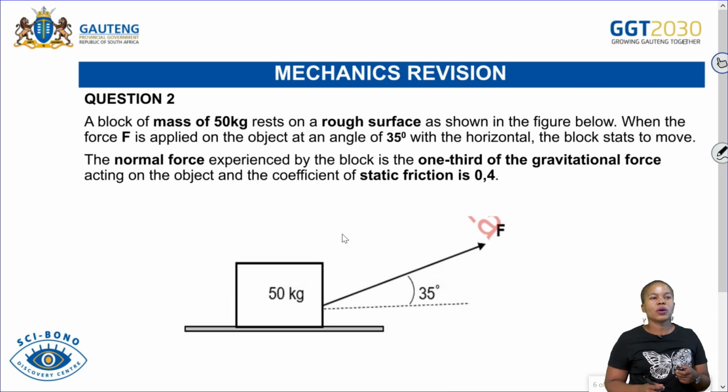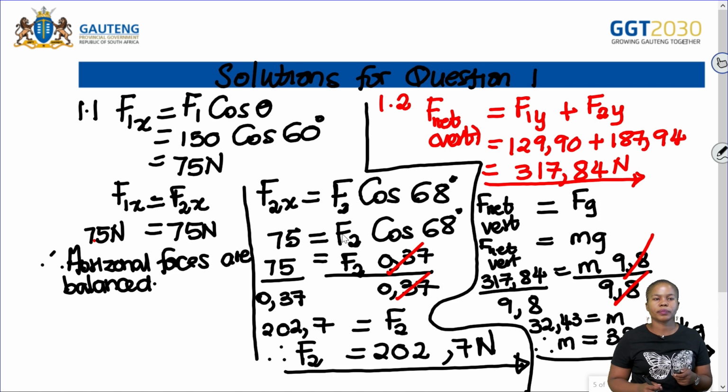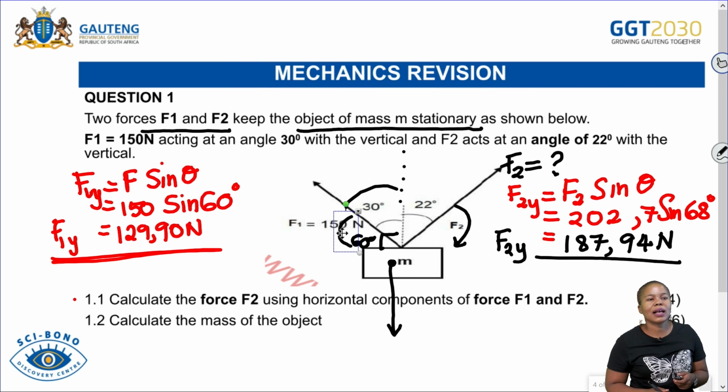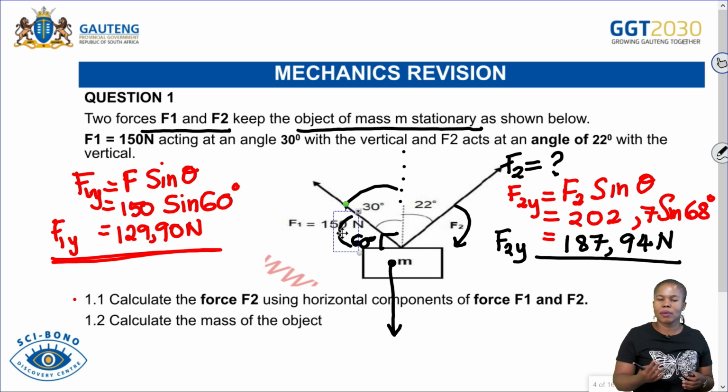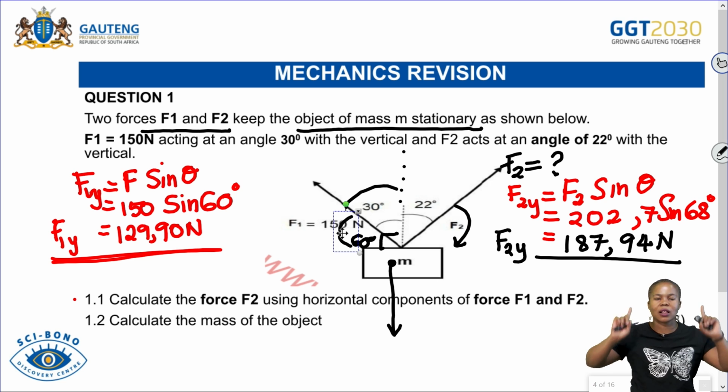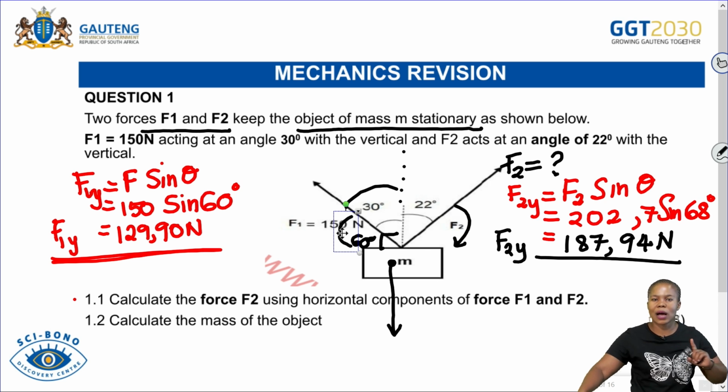With the second question, it was saying calculate the mass of the object, the mass that is hanging. Remembering that there are forces acting in the vertical, we needed to calculate the vertical components of either side, F1y as well as F2y.